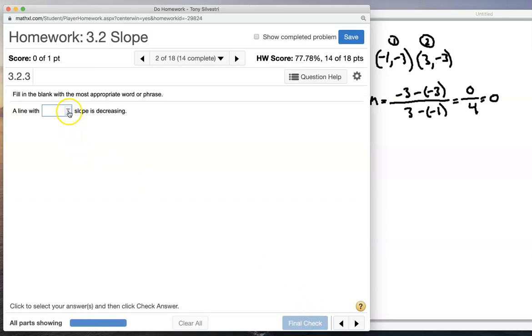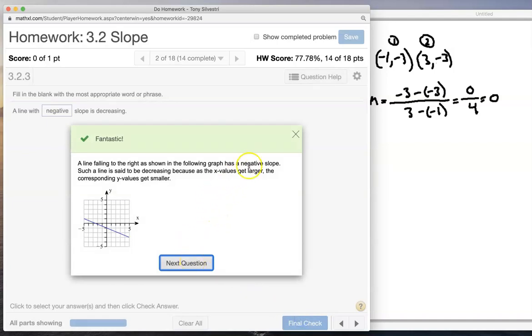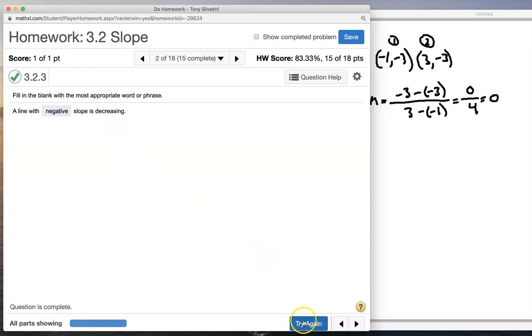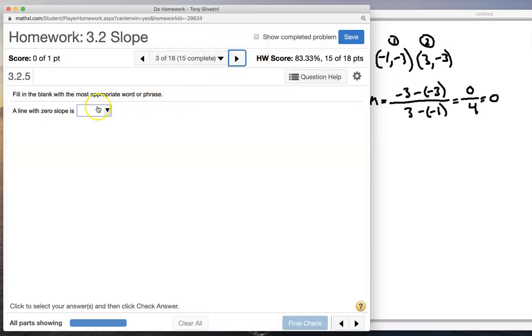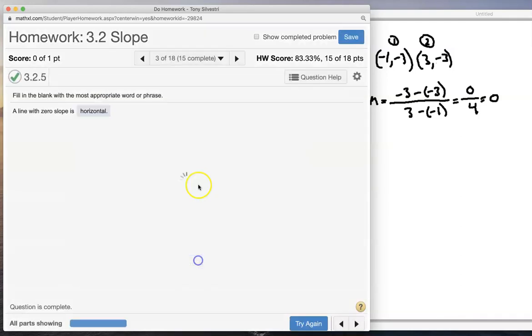A line with negative slope is decreasing. That's not hard to understand. Negative sort of means you're decreasing. And the last thing is number 3. Fill in the blank. A line with 0 slope is horizontal. Final check.